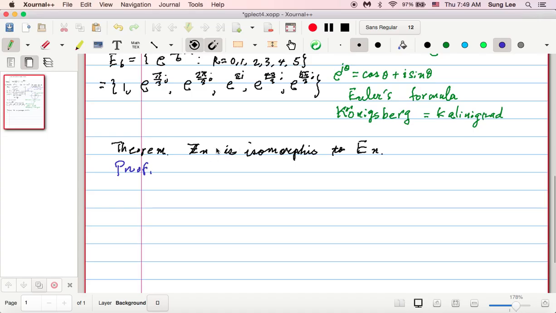So to show that C sub n is isomorphic to E sub n, we've got to come up with a map, an isomorphism.